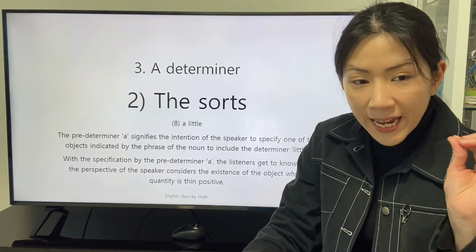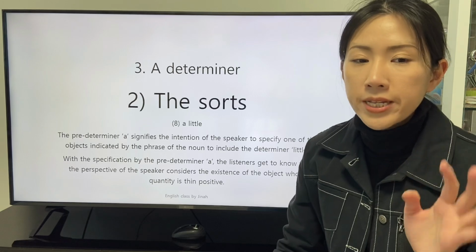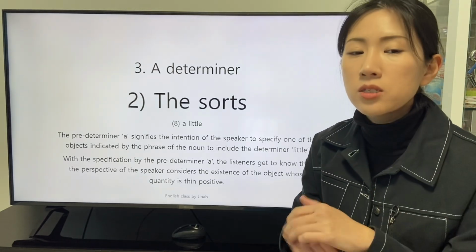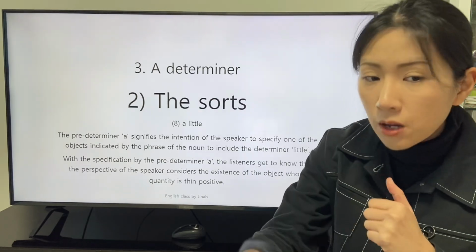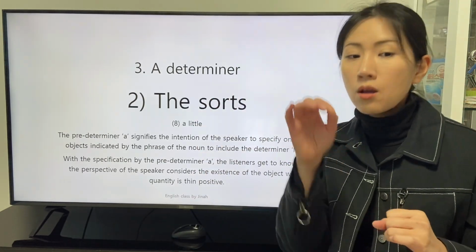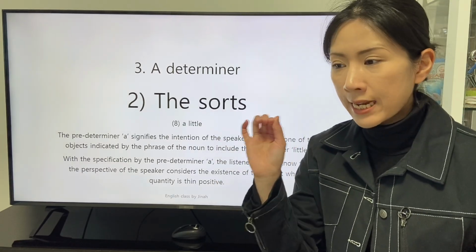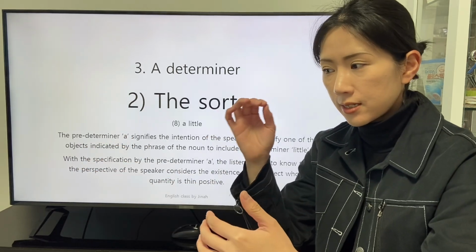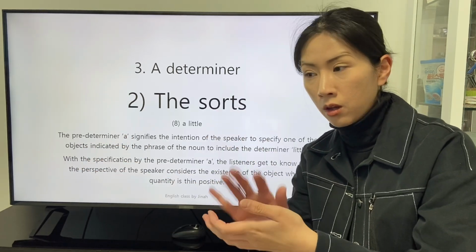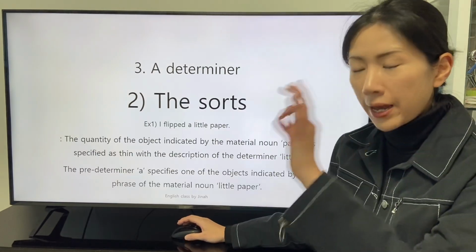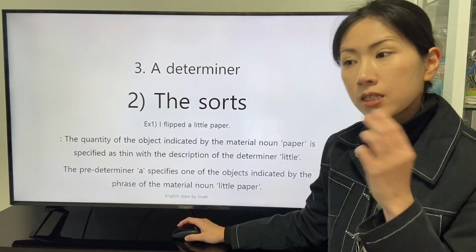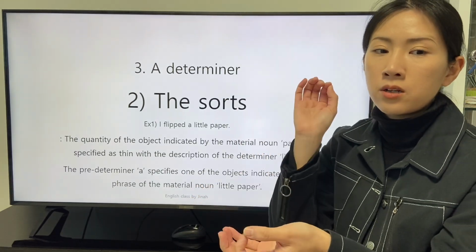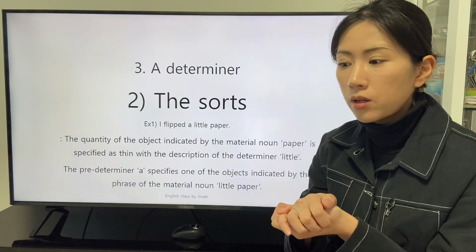With the specification by the predeterminer a, the listeners get to know that the perspective of the speaker considers the existence of the object whose quantity is thin positive. The fact that the speaker indicates one of the object indicated by the phrase of the noun little paper is that the speaker considers that the object indicated by the phrase of the noun little paper exists.